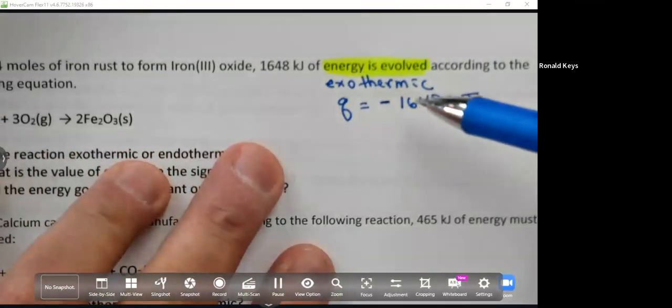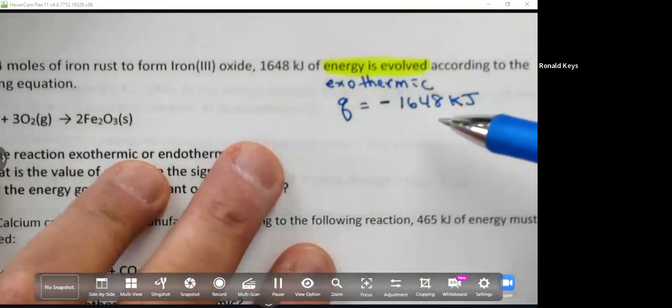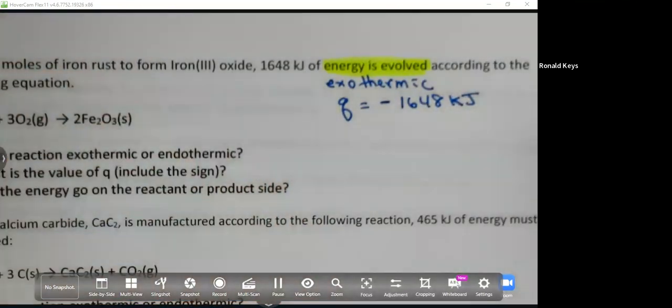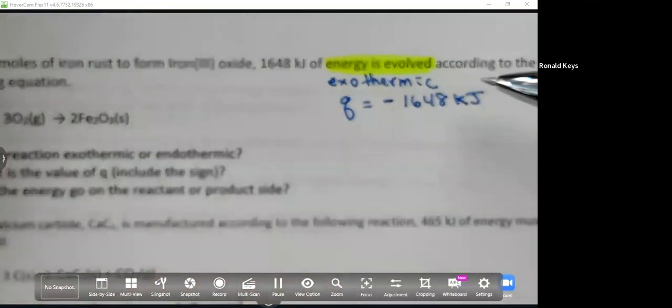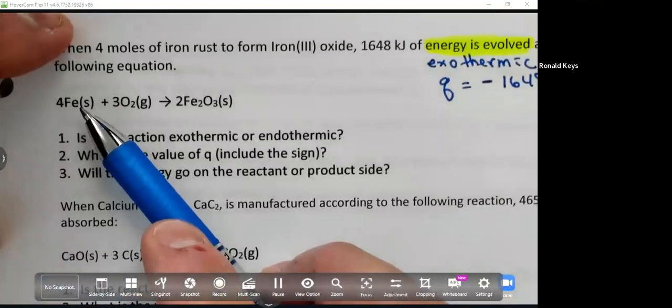Now this is a reaction you can relate to. These are the throwaway hand warmers or foot warmers that you buy, and all they are is powdered iron in there with sawdust.